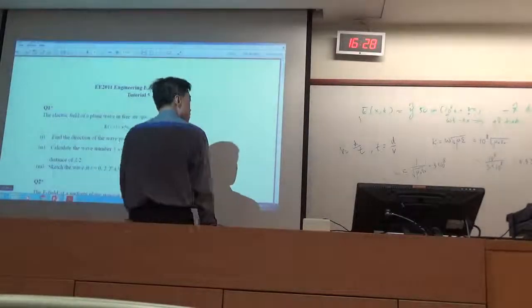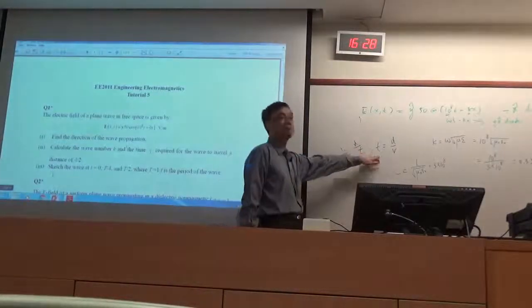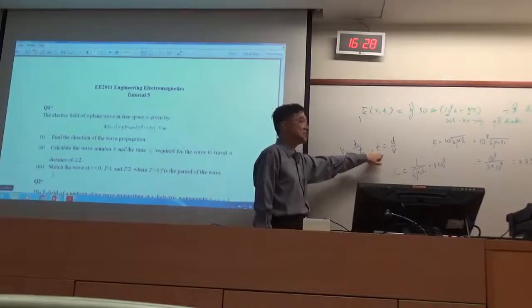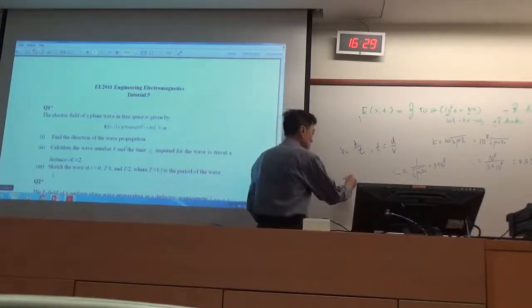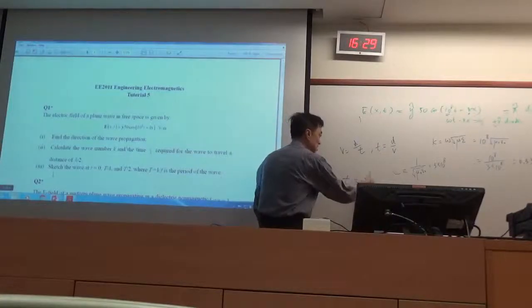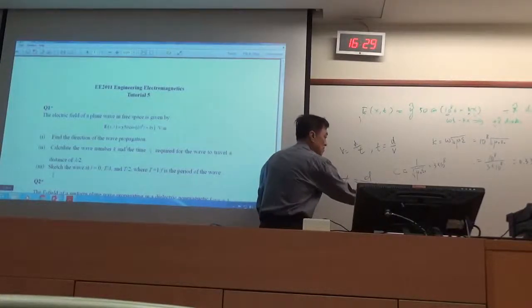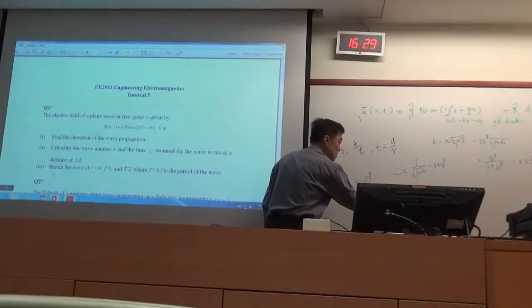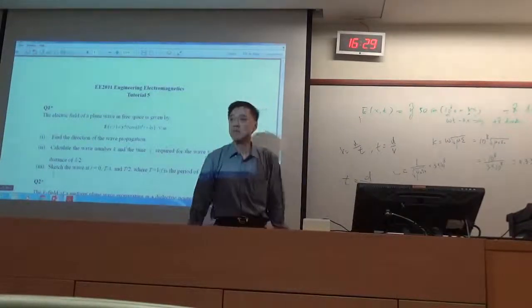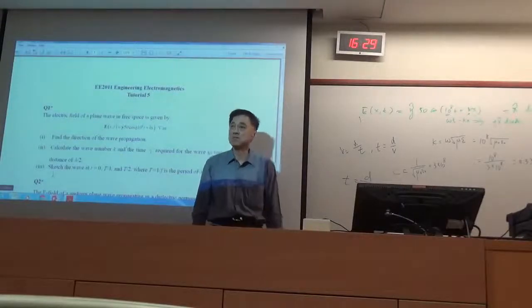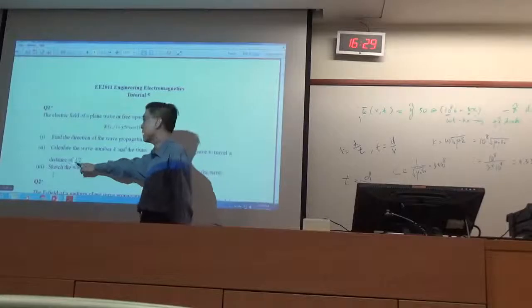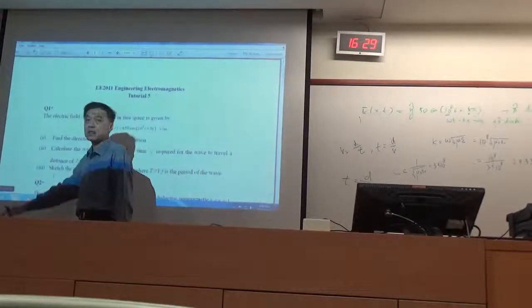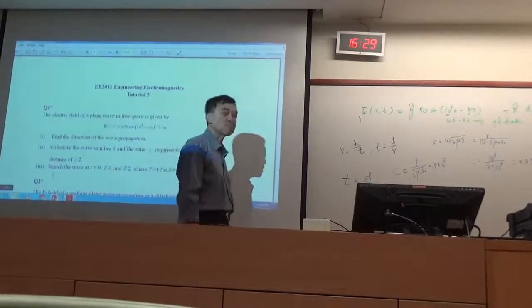Alright? And then what is the time? T is equal to distance divided by velocity. The velocity is 3 times 10 to the power of 8. What is the distance? The distance is lambda by 2.